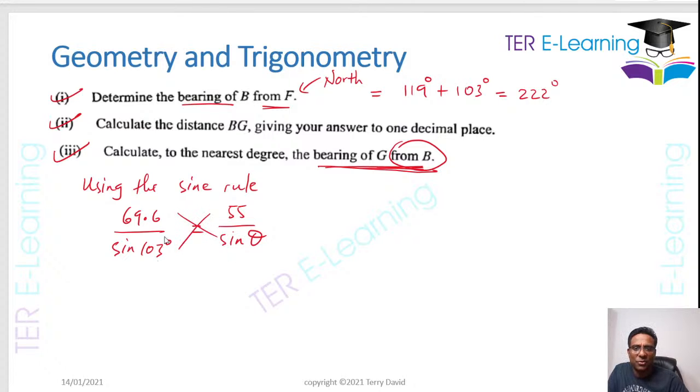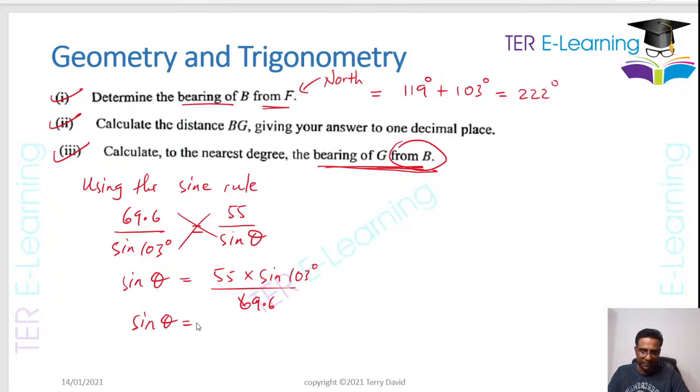So with the sine rule, I'm going to cross multiply. So we're going to end up with sine theta is equal to 55 multiplied by sine 103 degrees divided by 69.6.